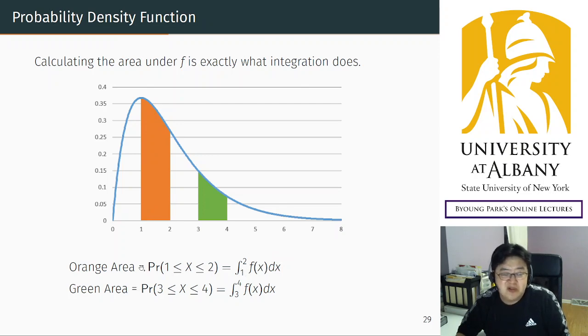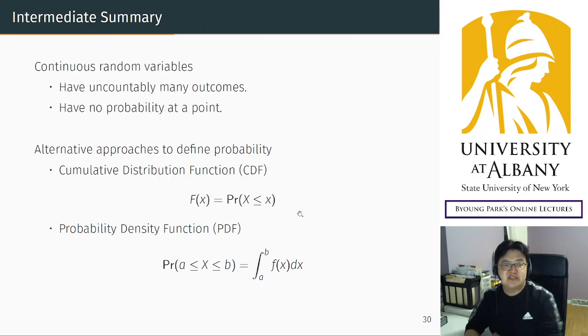So probability can be understood as an integration. I'm not going to use integration again at all, but I want to give you the connection between probability and integration. Later, if you go to more advanced statistics or econometrics courses, then this concept will be important. You need to know calculus, and you will utilize the properties of integration to better understand probability and probability density, right?